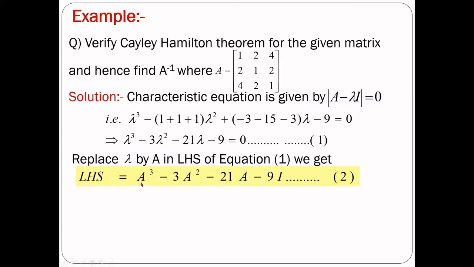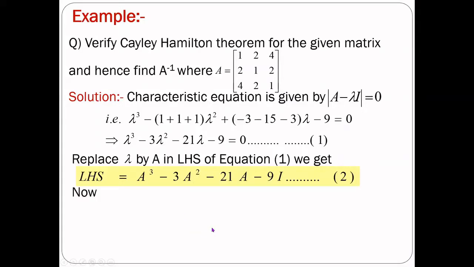Now if we want to show that this is equal to 0, we have to find the matrices for A cube, A square and A. A is already given. I is the identity matrix of order 3 cross 3. We just have to find A square and A cube.